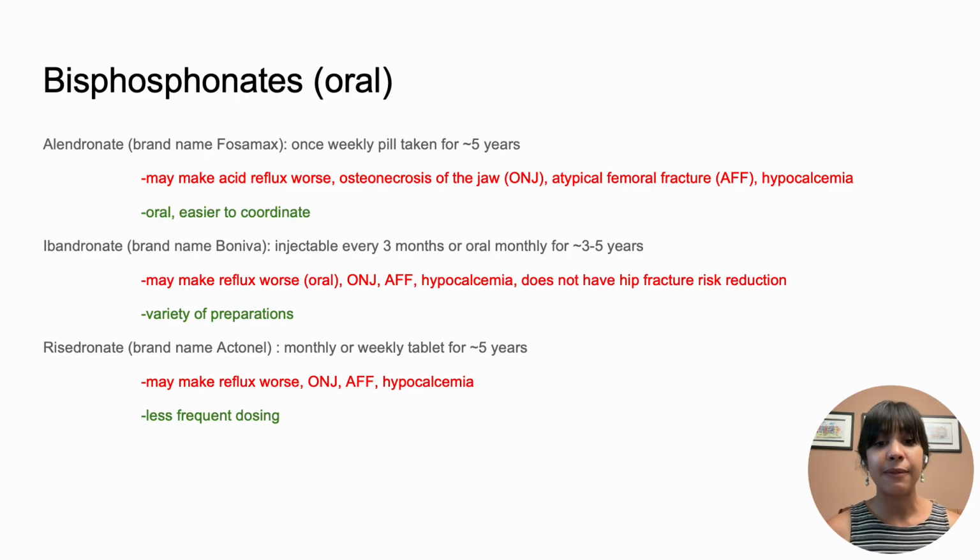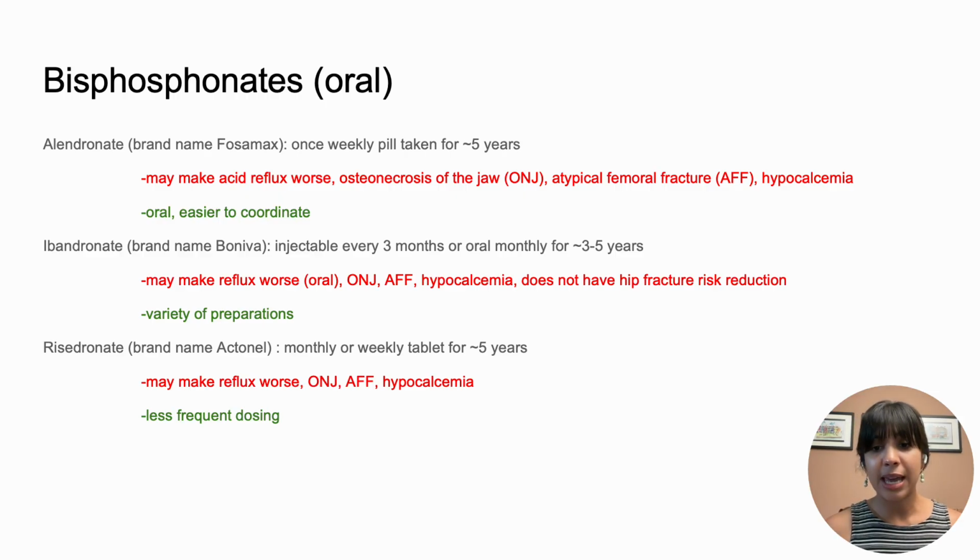Ibandronate, brand name is Boniva. This can be in an injectable form or an oral form, so it has a little bit of variety there. Usually treatment length is 3 to 5 years in duration in general, and sometimes can be a little more, a little less. Again, the oral version can make reflux worse, so something to keep in mind. ONJ and AFF are rare occurrences that can happen.